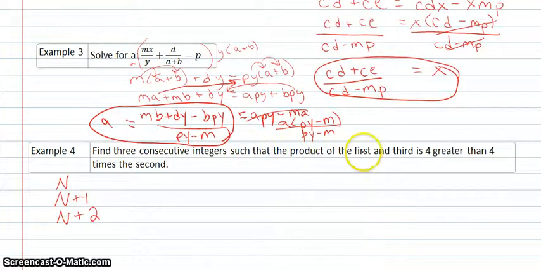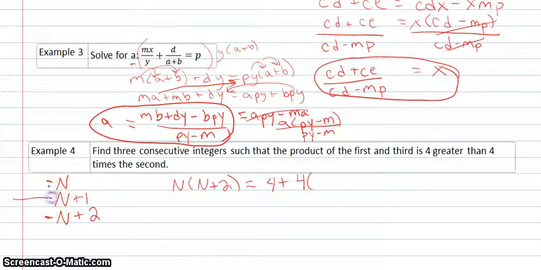And it says the product of the first and third, so that's my first and that's the third, so n times n plus 2 is, so that's equals 4 greater, so 4 plus, then 4 times the second. So 4 times, this one's the second, so it'll be n plus 1, right?